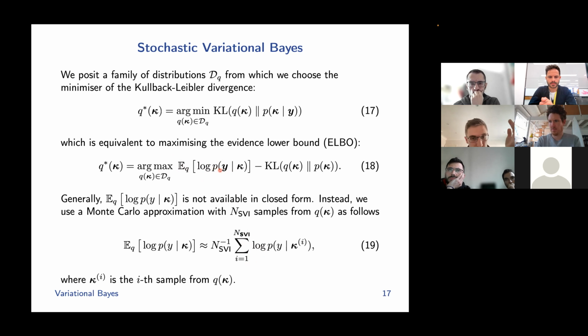It turns out you can keep it quite low, but let's say if you choose NSVI equal to 3, then each optimization step will require 3 PDE solves, for example. Is it just PDE solves, or is it solution and gradient? And the gradient as well, because we use a gradient based optimizer. Okay.